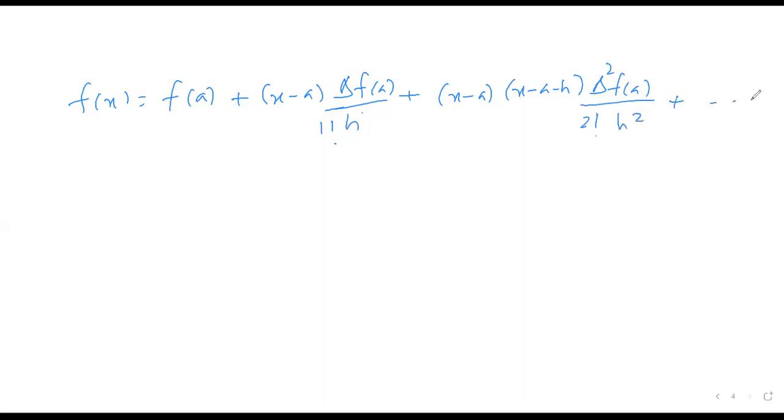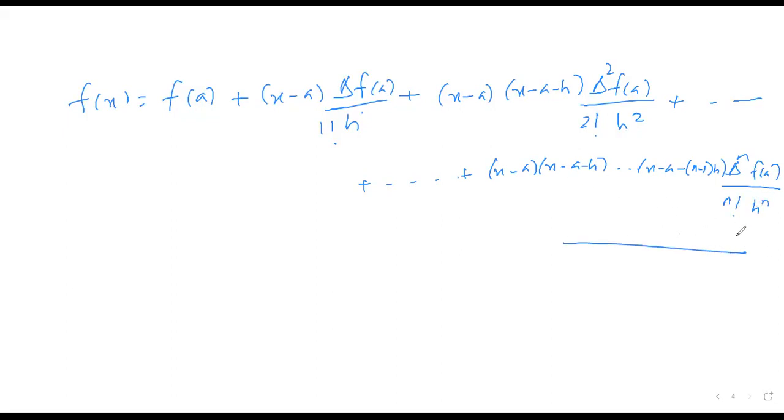Then you can write the third one, which continues up to the nth term, which is x minus a, x minus a minus h, up to x minus a minus n minus 1 times h, delta n fa divided by n factorial times h to the power n. We just substitute our a values.